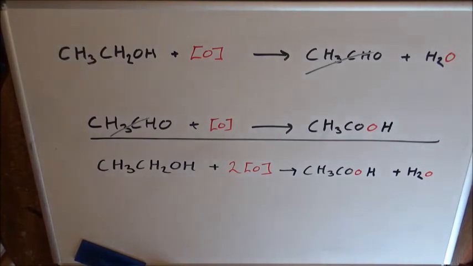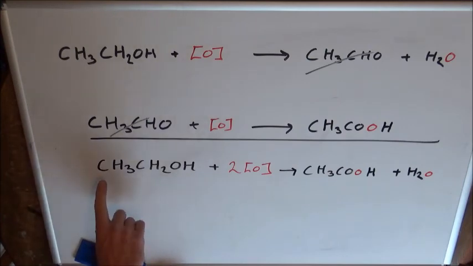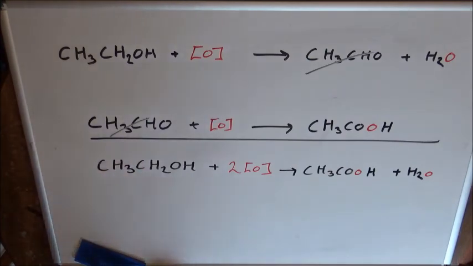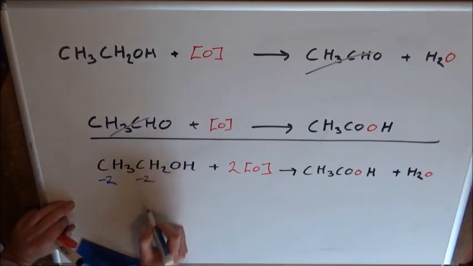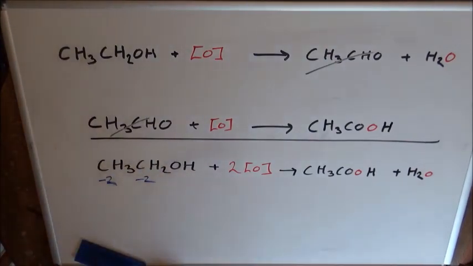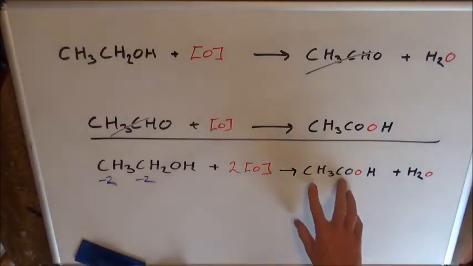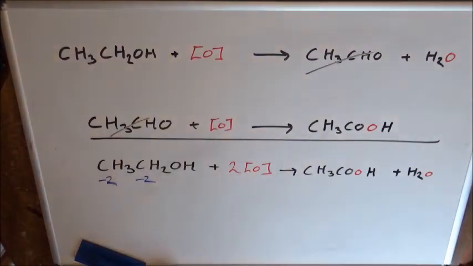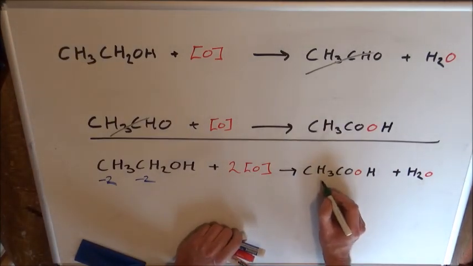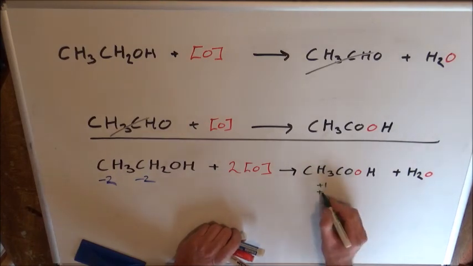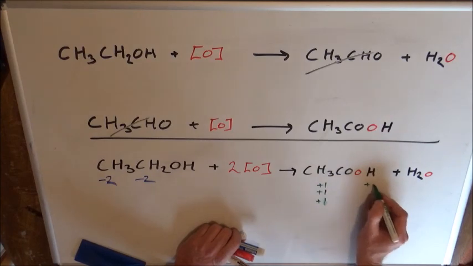Again, I can apply oxidation numbers to this. If you remember that the oxidation number of carbon in ethanol was -2. In the ethanal it was -1. In ethanoic acid, what we have now is +4, so we've got 3 hydrogens there and 1 there, so that's +4.